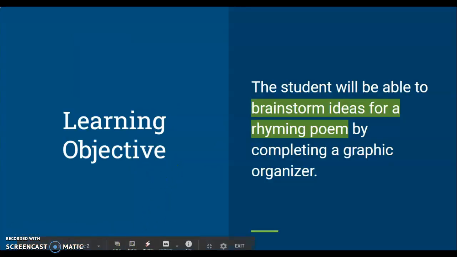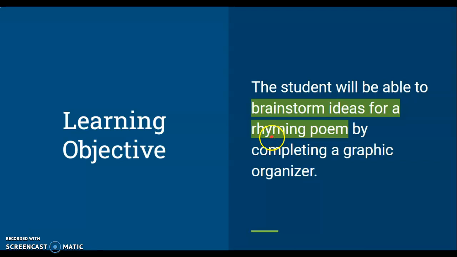Our learning objective is the student will be able to brainstorm ideas for a rhyming poem by completing a graphic organizer. So I've highlighted this part right here because this is what our focus is. We're brainstorming. Another word for brainstorming is thinking through ideas for a rhyming poem.